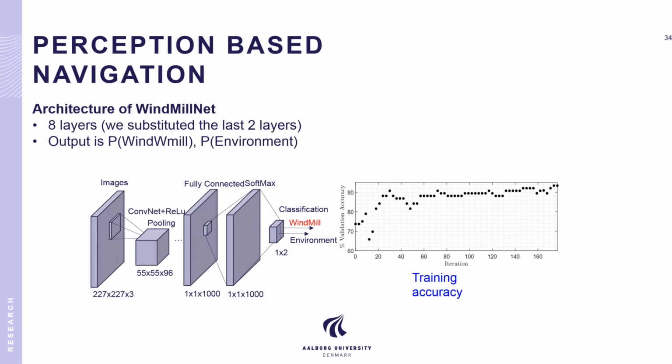One is the windmill, and the other one is the environment. So that means we can recognize either the windmill or the environment, and we achieve some pretty high accuracy. But of course, we know that in real life, this might not always tell the whole story.